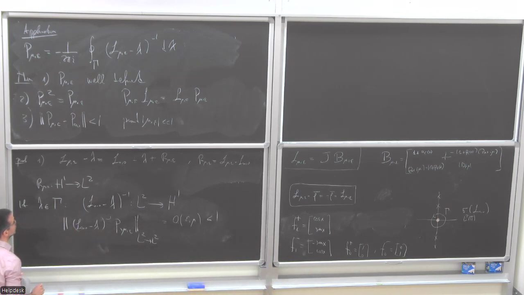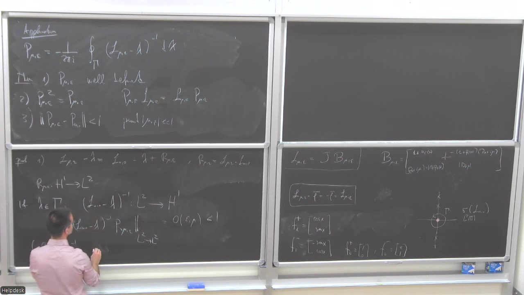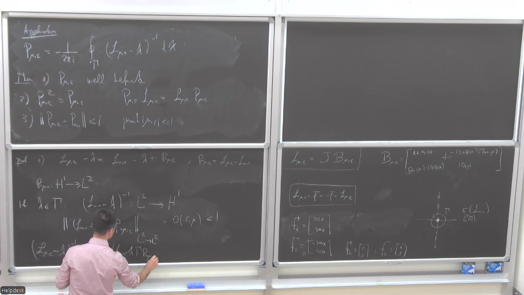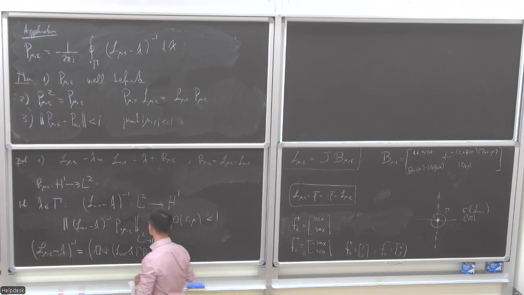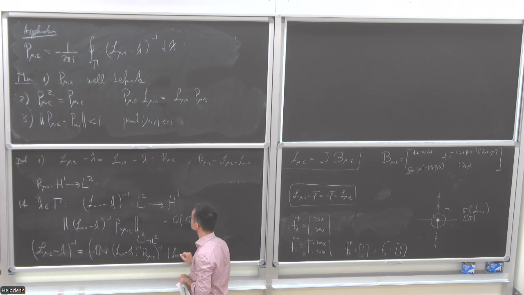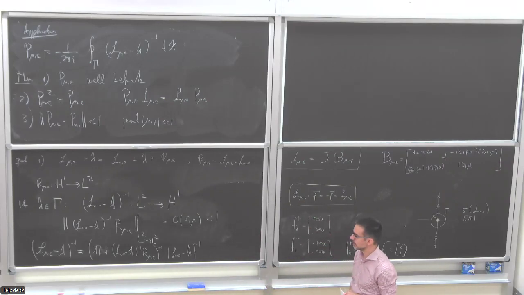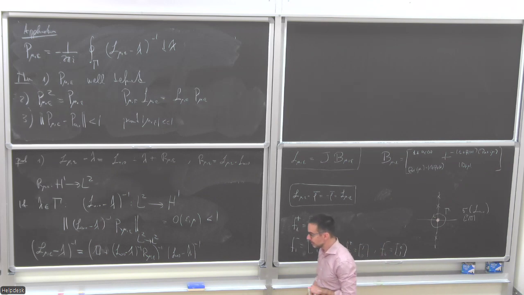And so what you see is that (L mu epsilon minus lambda)^(-1) can be defined by a Neumann series as (identity plus (L00 minus lambda)^(-1) R mu epsilon)^(-1) applied to (L00 minus lambda)^(-1).